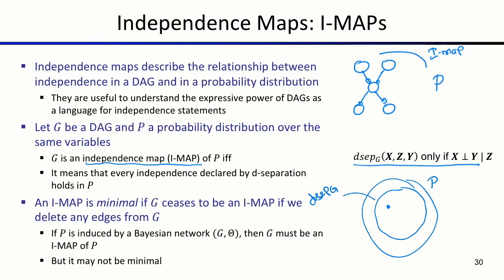So that's good, but we can also have something that's here, and we saw this in the previous video. It is the case that two variables are not separated, but they can be independent because the independency is hidden in the probability tables.